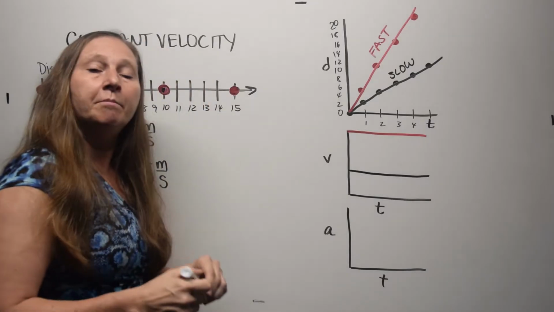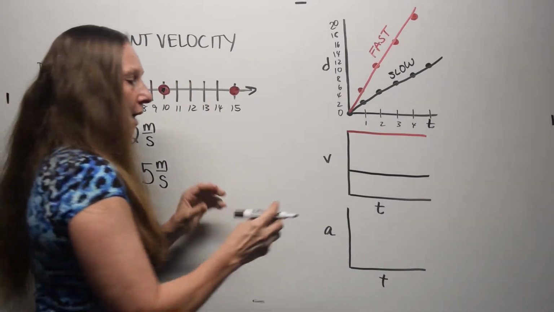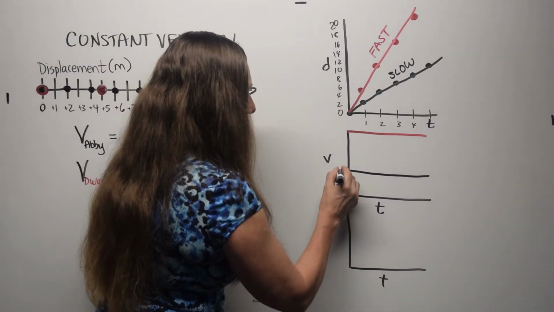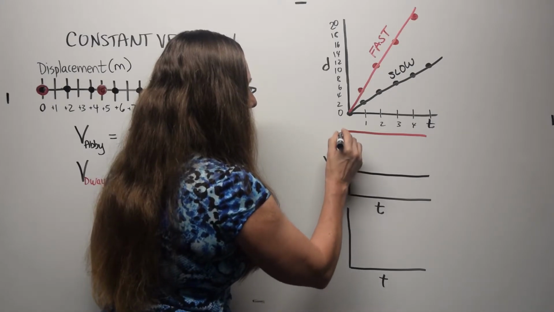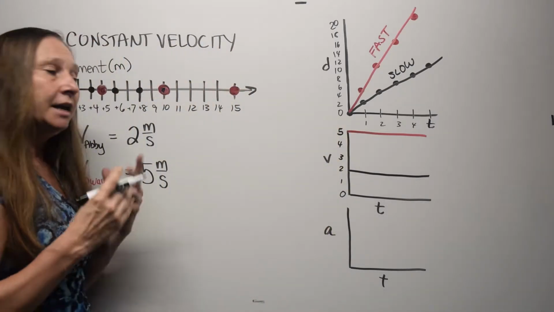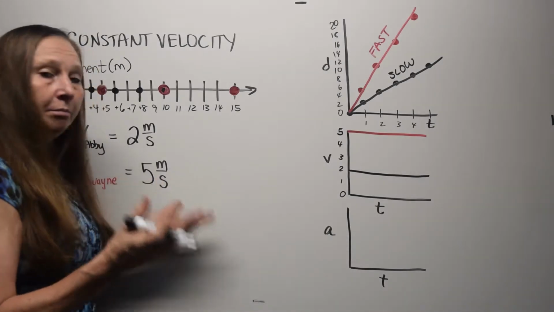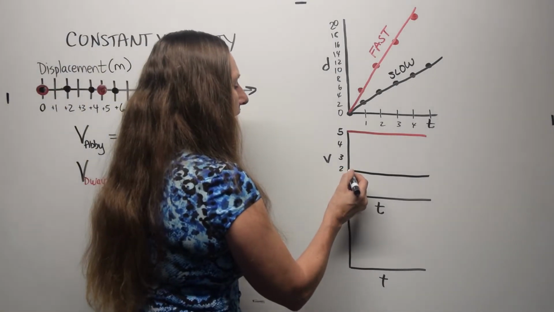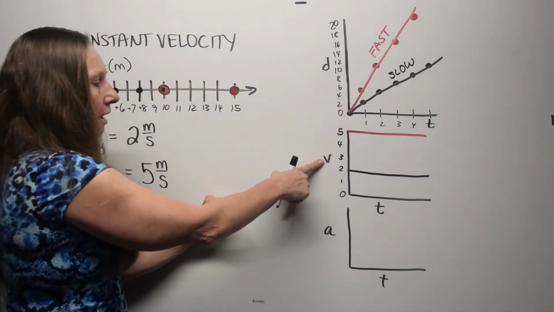Now, you can imagine the numbers if it helps you out. I'm going to imagine 0, 1, 2, 3, 4, 5. I imagine that there's numbers there, but the bottom line is that Abby is at a velocity, right?